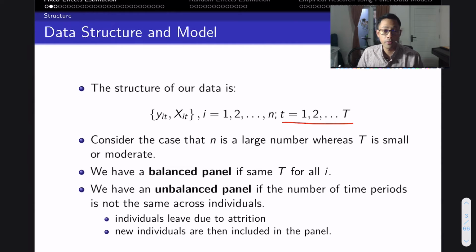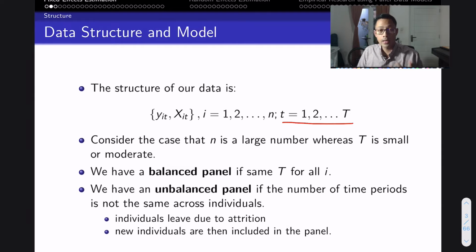So for example, for one firm, you can observe it from 2004 until 2014. However, for other firms, they close down midway, so you only observe the firm between 2004 and 2009. You don't see it for the rest of the years. So that's an example of an unbalanced panel. Again, this is due to attrition.